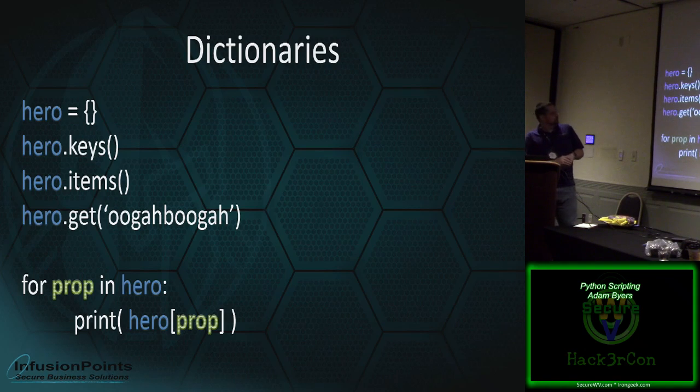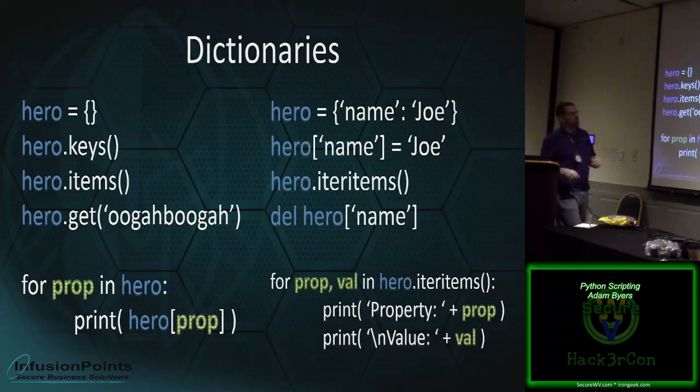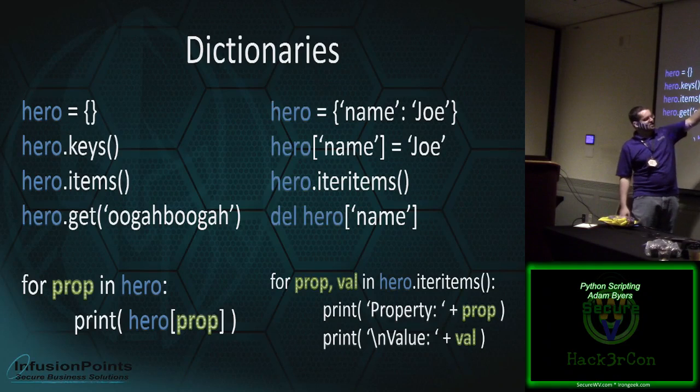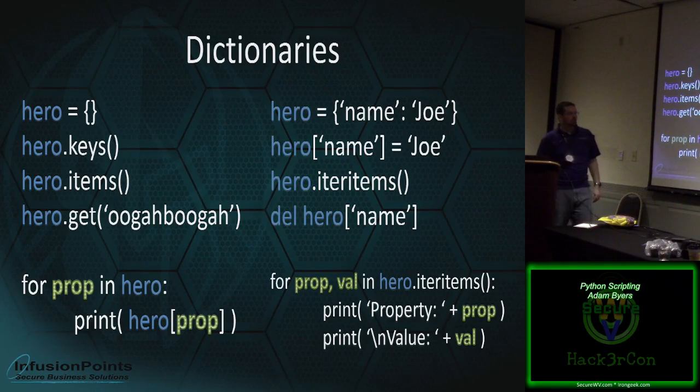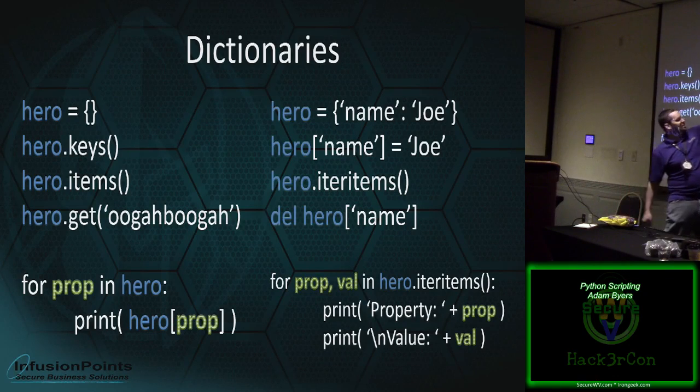So the first entry in hero, you're going to have name, and the name of that hero is going to be Joe. If you type that in on your command line, you just define the dictionary hero, and you've given it one entry, and that's the value of the entry.